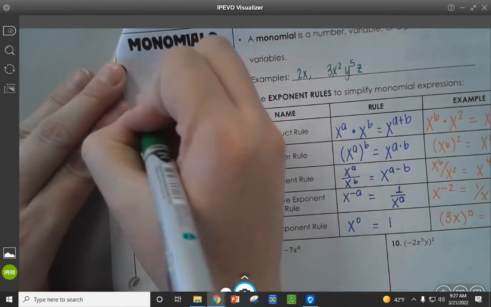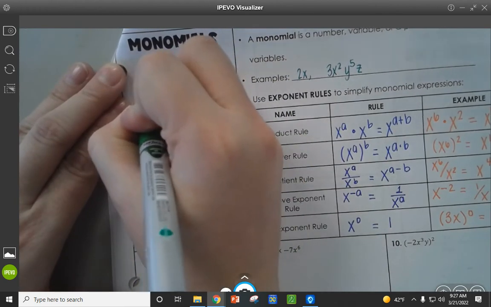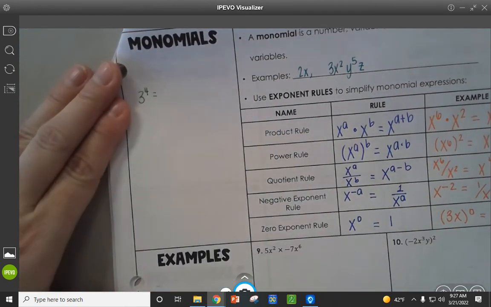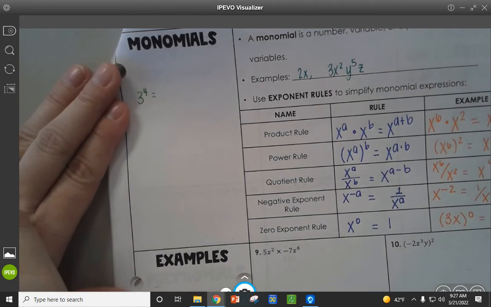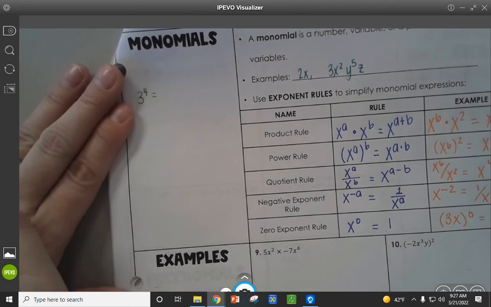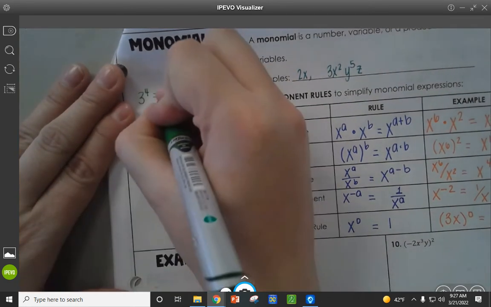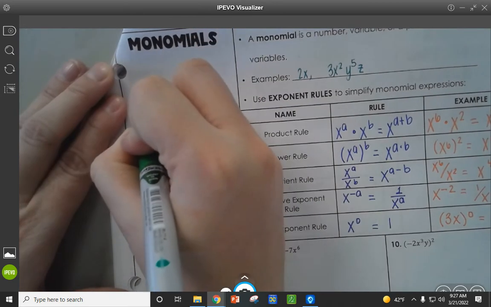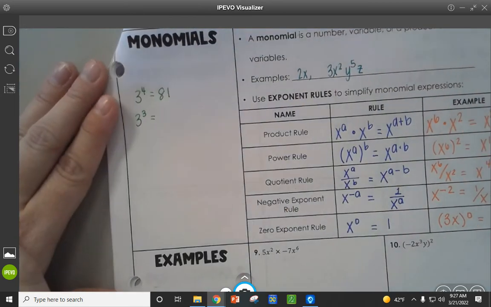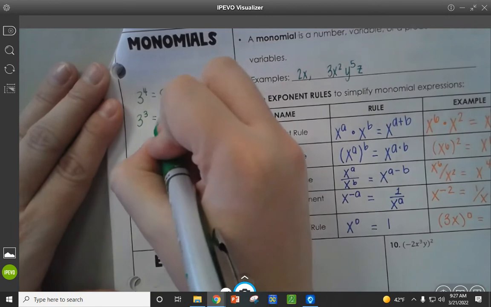So what if I have 3 to the 4th power? Somebody type that into your calculator and tell me what 3 to the 4th power is. 81. What's 3 to the 3rd power? 27.